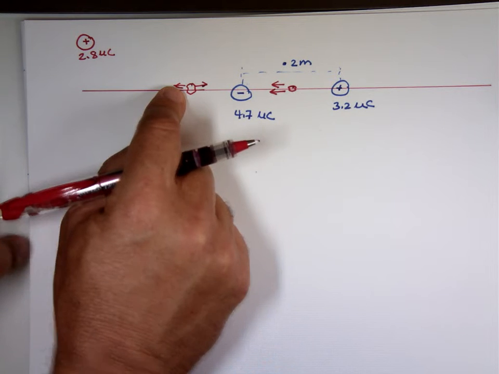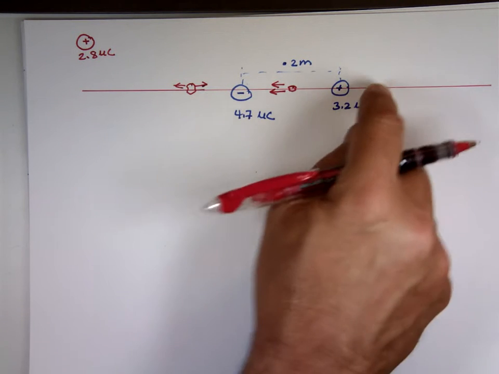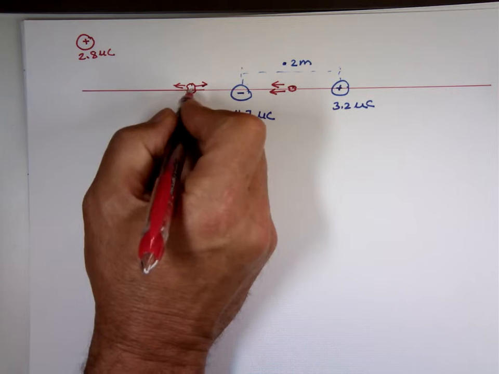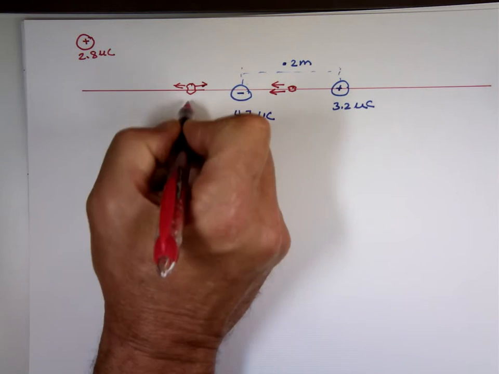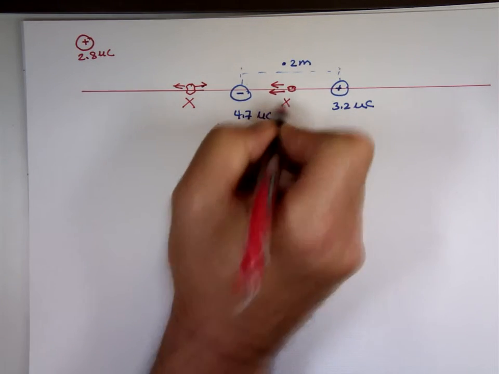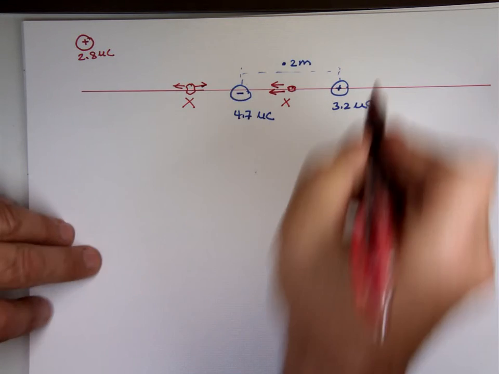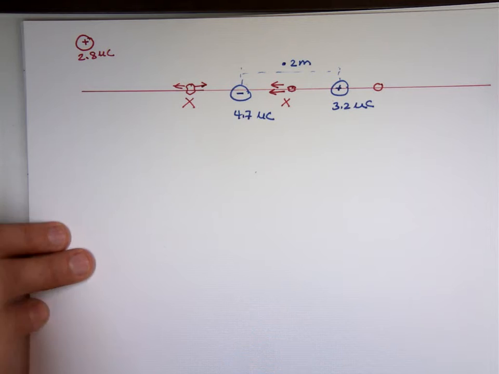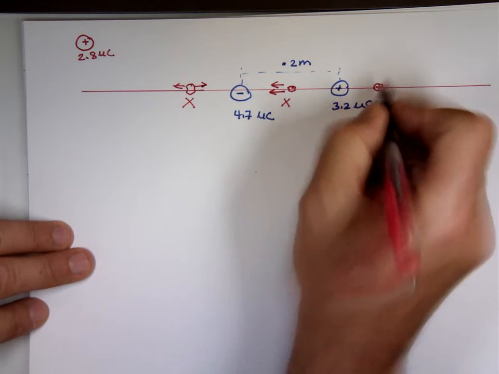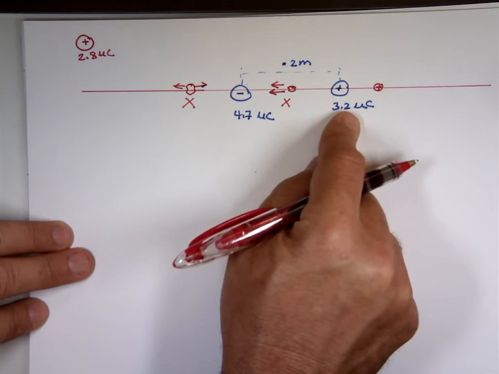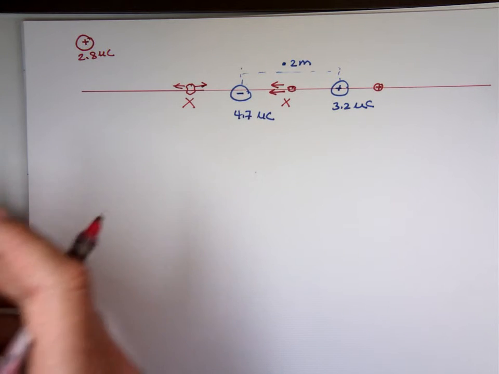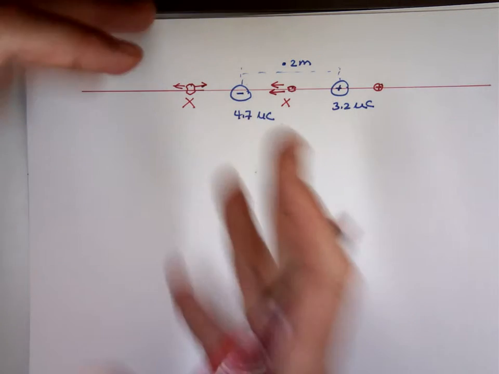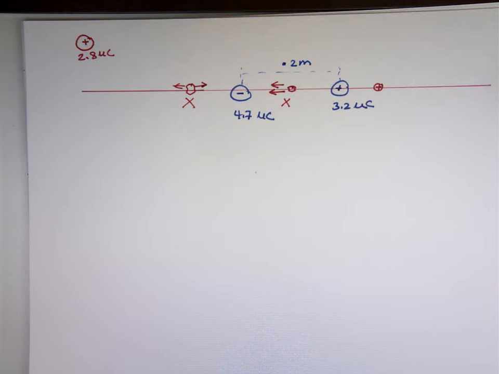So if it's going to happen, it will have to be on that side. So not here and not here. It could be somewhere here. Because this charge is bigger than that, but it's farther. So if it's bigger, it's going to make the value bigger, but because it's farther, it's going to shrink it.